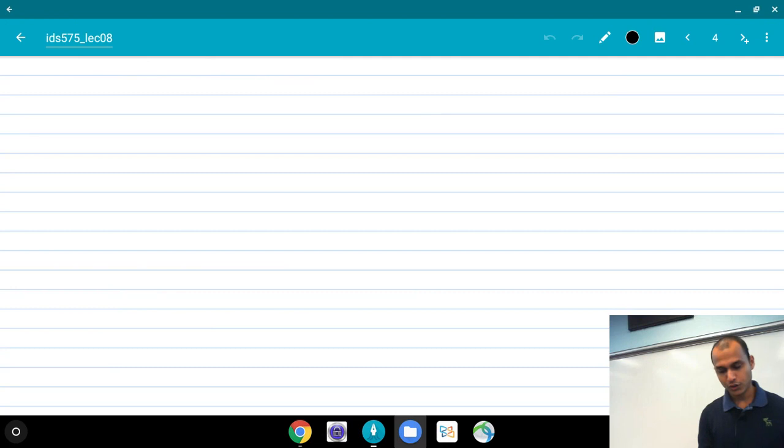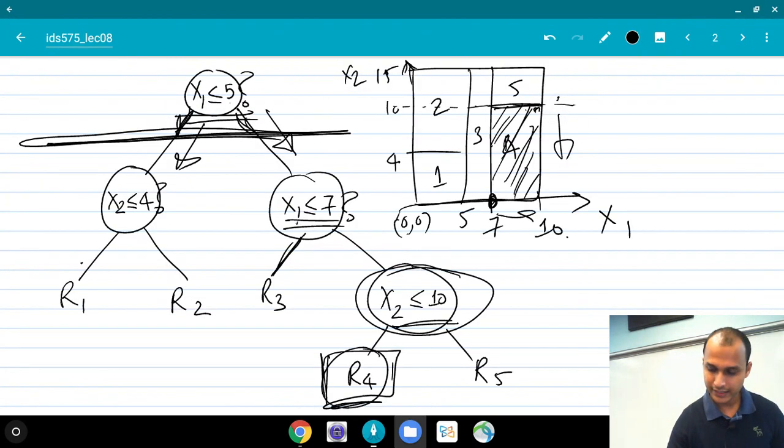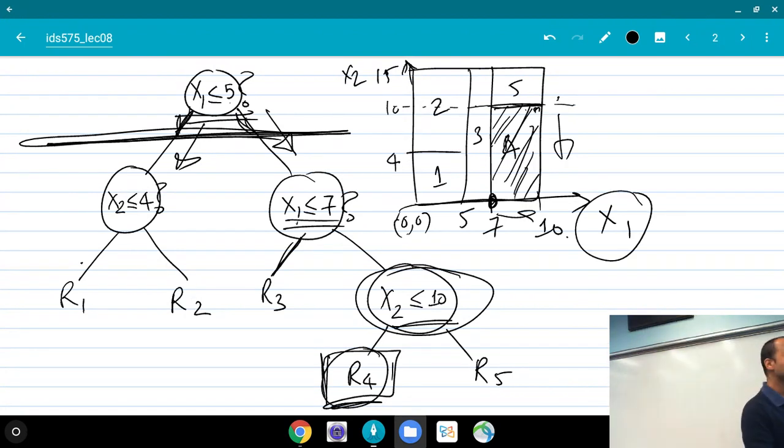We have only p features, so we're going to do a literal exhaustive search, which just means that we look at each feature, and for each feature we need to figure out where to split. Let's say we do it in a grid search manner. In this example, let's say I pick x1 as my feature of interest. I need to figure out where to split.